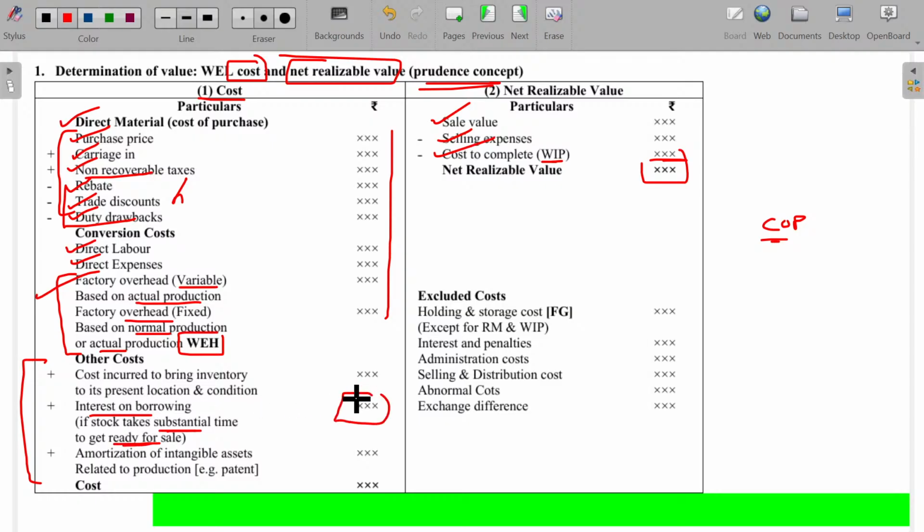Interest on borrowing: if stock takes substantial time to get ready for sale, then the interest on borrowing will be addable. In the case of wine and some other items like basmati rice, old basmati rice will be very costly. New basmati rice or any new rice will be much cheaper. Will you buy new rice or old rice for your cooking? Old rice. Why?